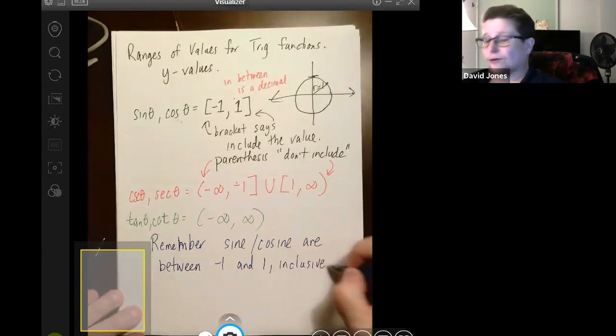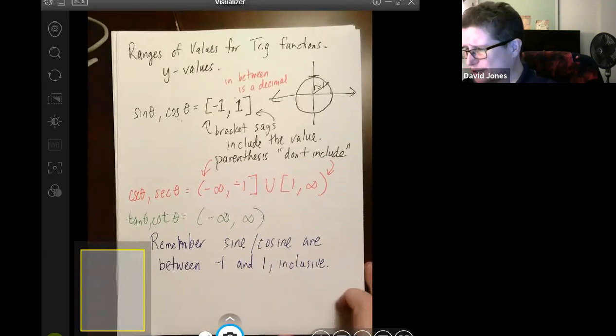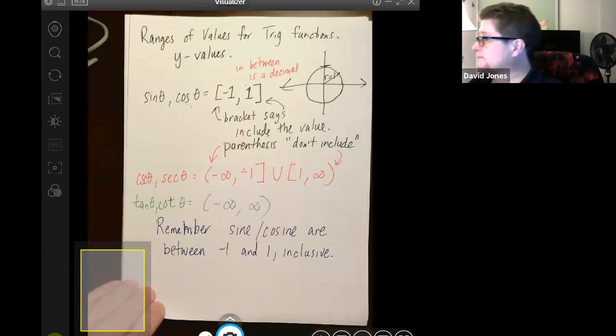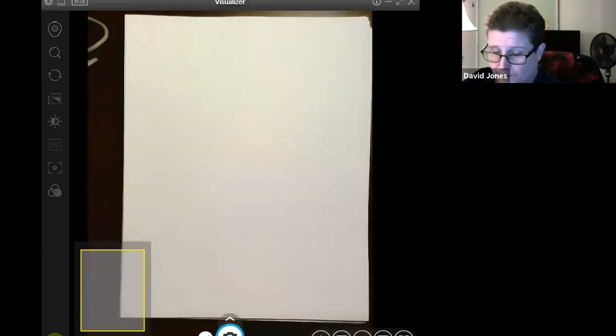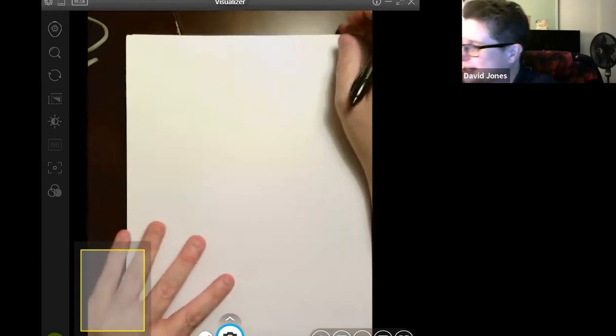You can include -1 and 1. That's the biggest message on this page. Okay. Let's look at some of the identities. If you need to, pause it, rewind a little bit, and take the notes you need to.